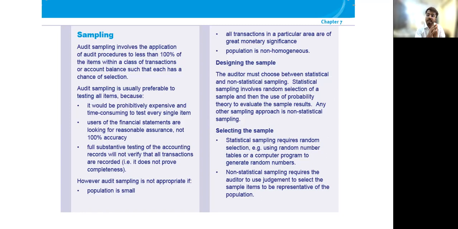Why? Because for a selection method to be called a sampling method, every item should have a chance of selection. If every item has a chance of selection, then only I can call that a sampling. If I'm selecting the top 50 maximum value transactions, it will not be called sampling. Be careful.